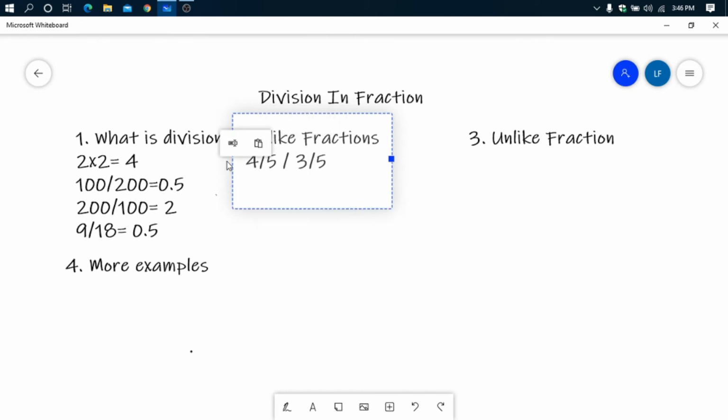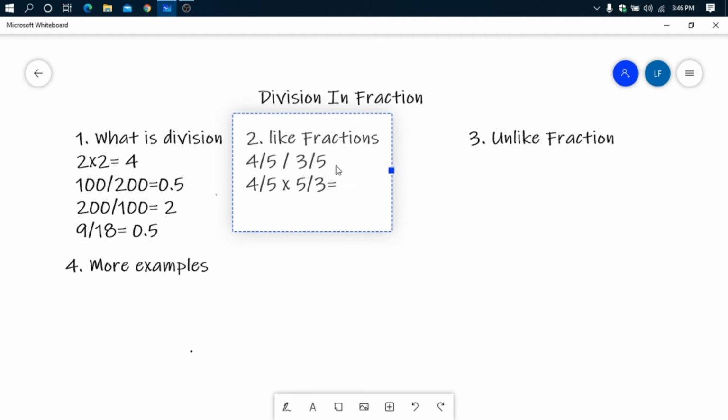Now, if we do the same thing and take the reciprocal of 3 by 5, the next step will become 4 by 5 multiplied by 5 by 3. And if we cancel 5 and 5, the answer will become 4 by 3.